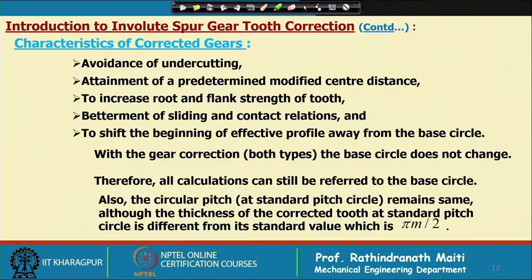Also, the circular pitch at the standard pitch circle remains the same, although the thickness of the corrected tooth at the standard pitch circle is different from its standard value, which is pi m by 2. The thickness of a standard gear at the pitch circle is pi m by 2.